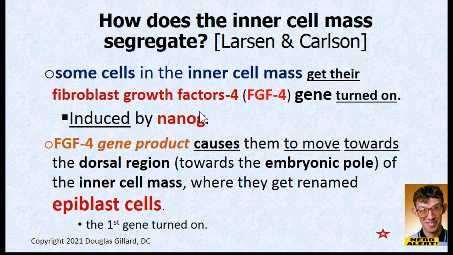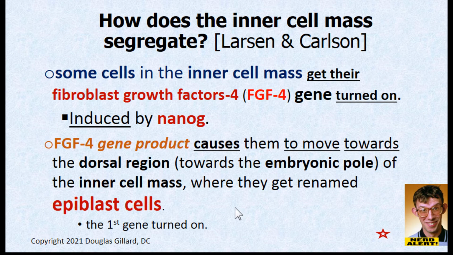Remember we talked about nanog and GATA4 are already on in some cells. I think it's that what induces it, but the key is FGF4 gene wakes up, runs the central dogma, and now you got an FGF protein floating around in your cell. And what does that do? That basically, without getting too deep in the weeds, just causes the cells that have FGF4 turned on to move up toward the embryonic pole. So those are going to become the epiblast cells.